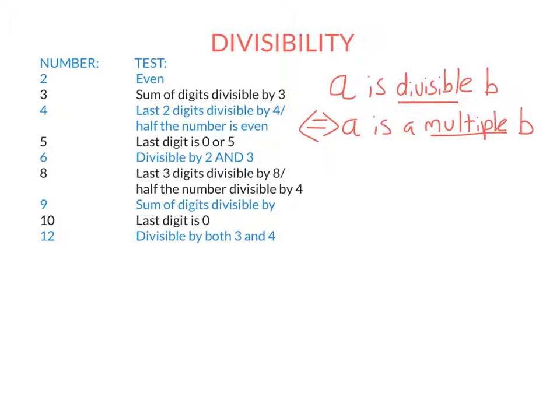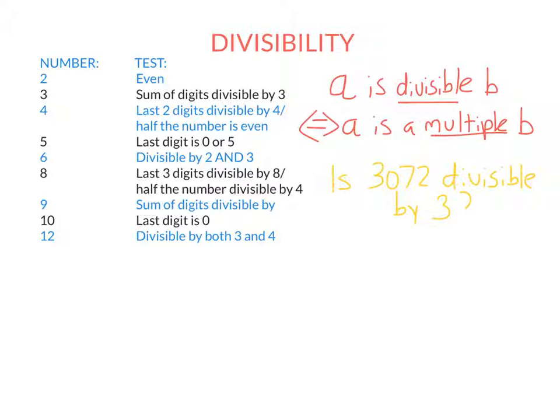So we already know what multiple means. One number is a multiple of the other. A is a multiple of B if B is a factor of A, if B goes into A evenly. So let's look at an example with some actual numbers. Let's say, for example, I wanted to know, is the number 3072 divisible by 3? So that's another way of saying, is 3072 a multiple of 3?